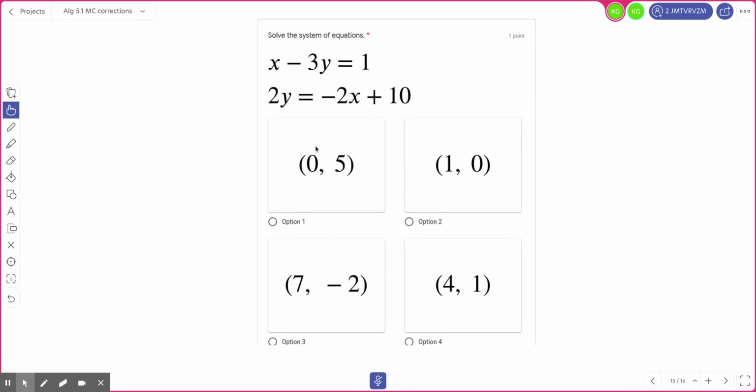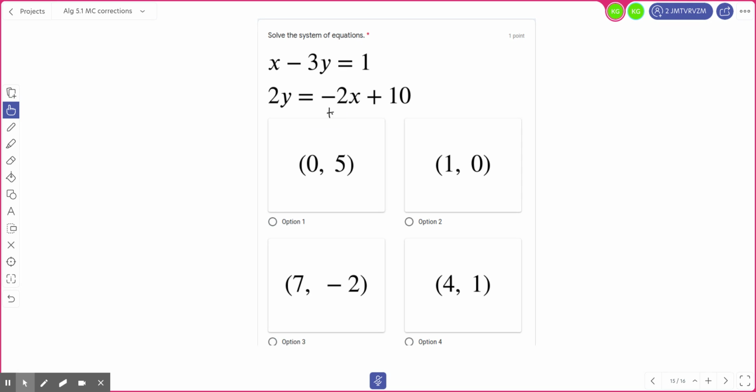All right, now we don't have one that's set up quite as easily for substitution. Oh, I think I know how I'm going to do this one. So I'm going to use elimination.